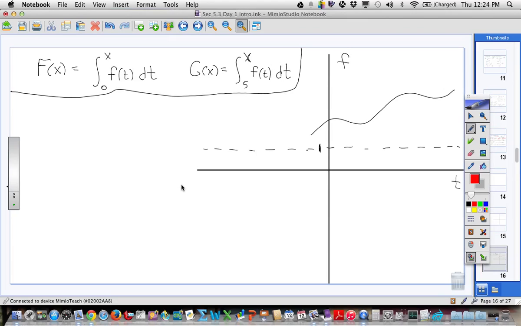Then we got into this whole area function thing. And then, of course, we realized the area function is the antiderivative of the function you're doing the area under. And then, of course, that led us to all these connections like we had with derivatives about functions and increasing, all these mathematical kind of stuff.